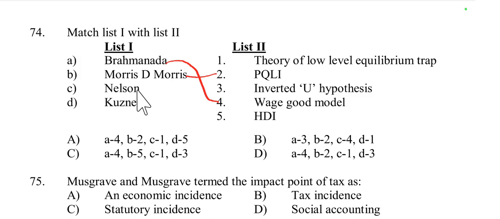Then Nelson gave the low level equilibrium trap condition. And Kuznets curve, the inverted U hypothesis. So Brahmananda FRE model, Morris PQLI, Nelson low level equilibrium trap, Kuznets inverted U hypothesis. So A for B2, C1, D3, option number D.